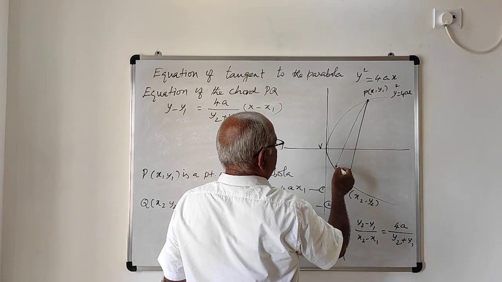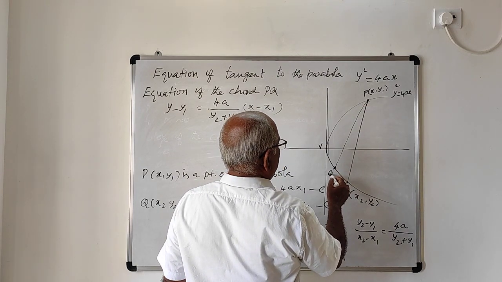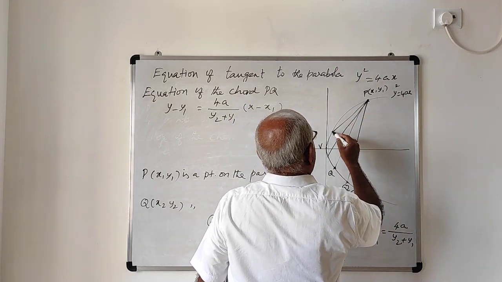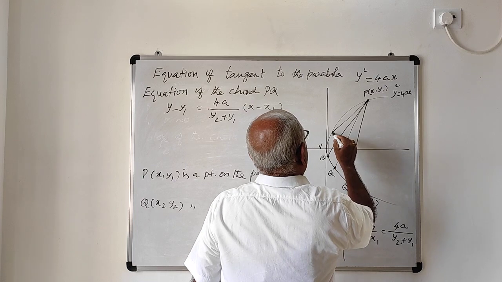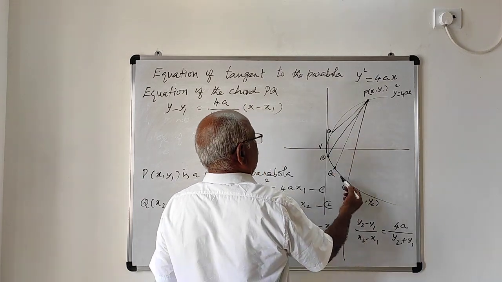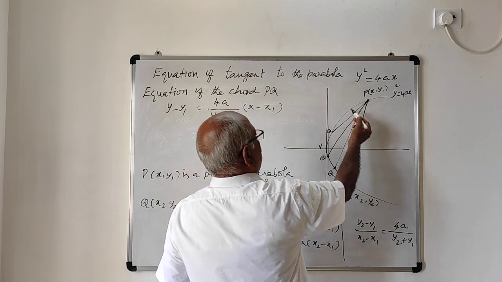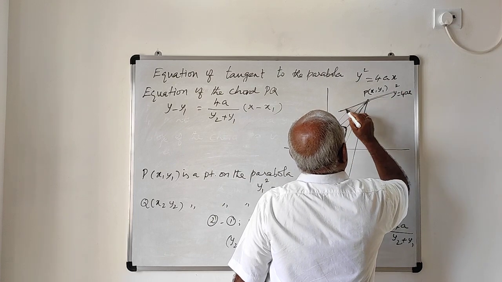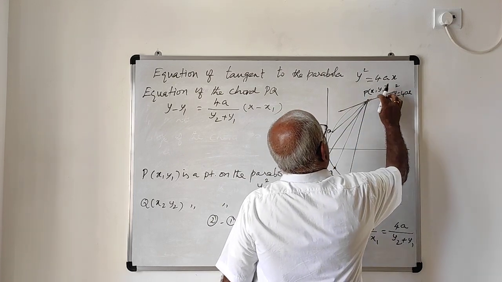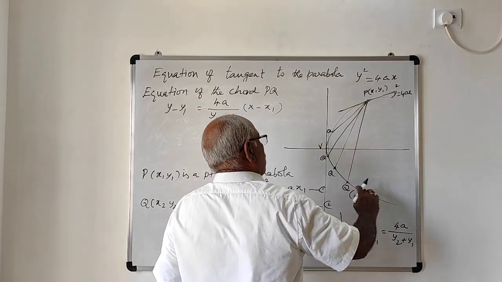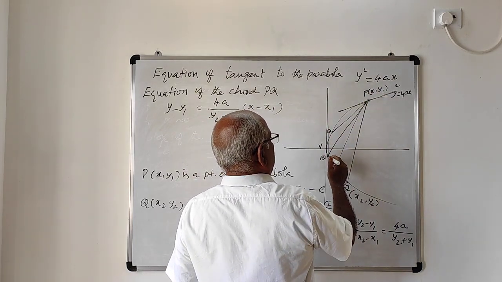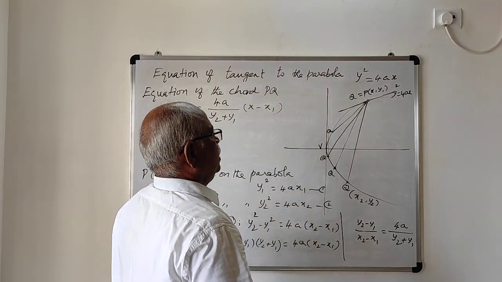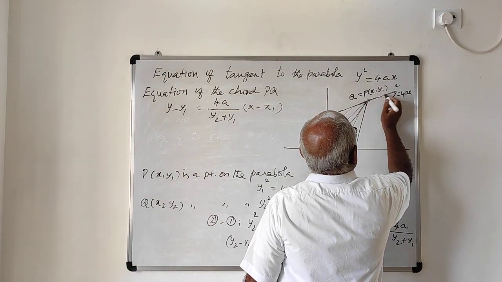If the point Q moves along the curve and coincides with the point P, the chord PQ becomes the tangent at P.